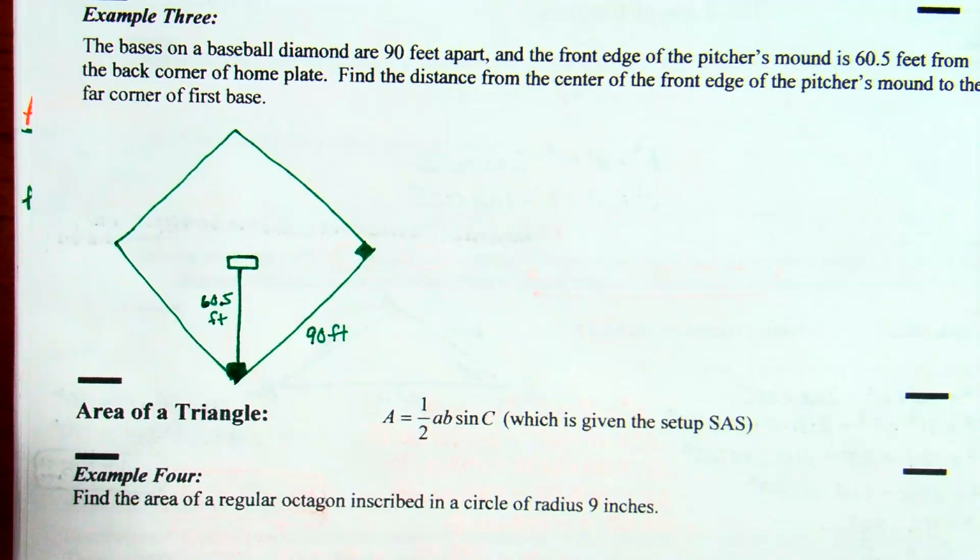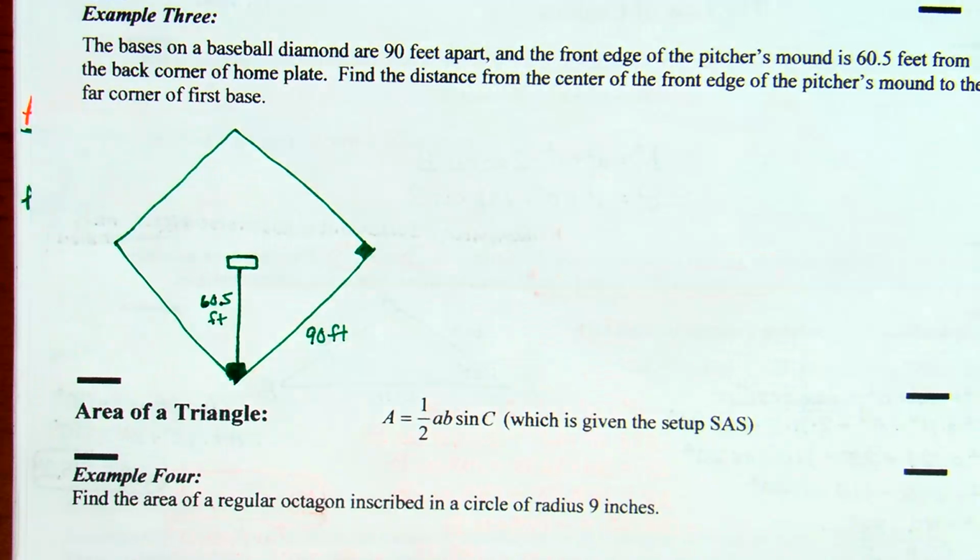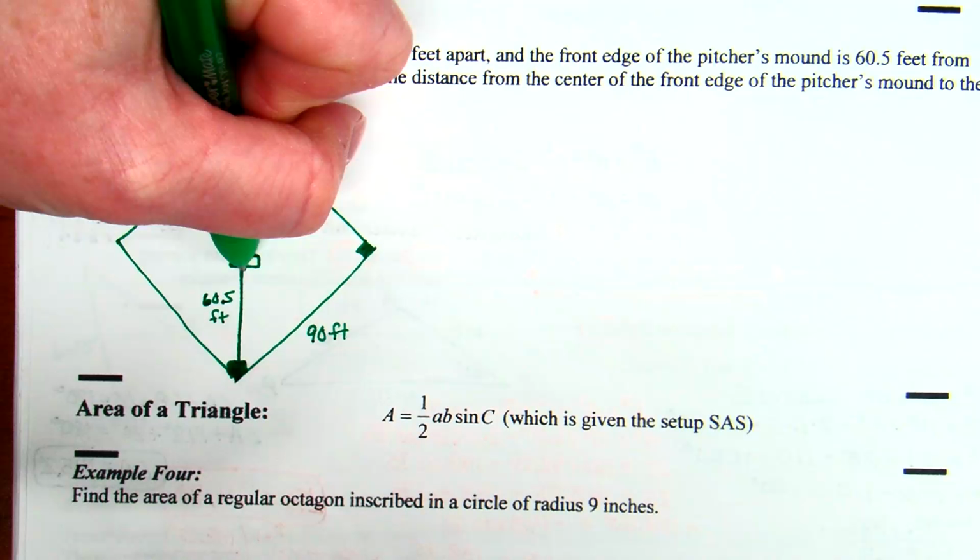At least based on this particular pitcher's mound, right? Find the distance from the center of the front edge of the pitcher's mound, so right here, to the far corner of first base.